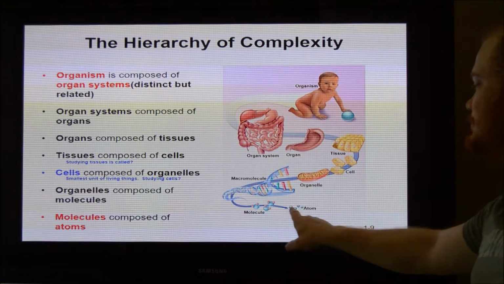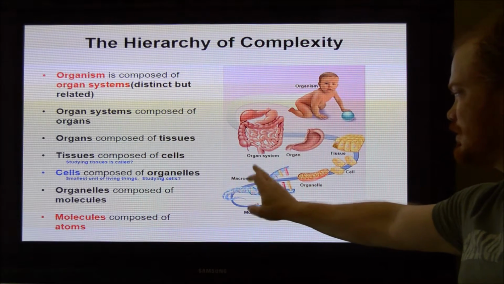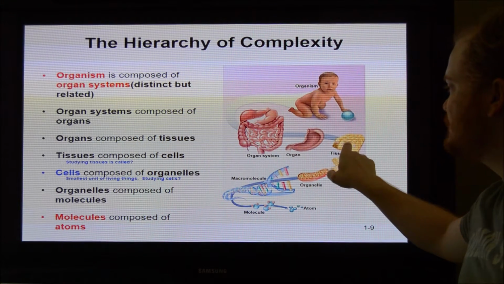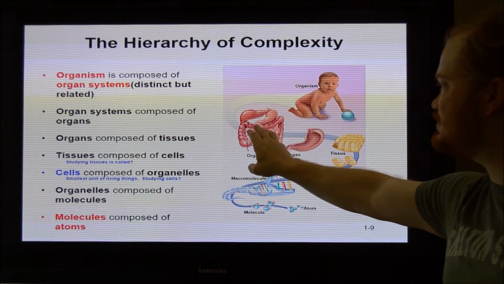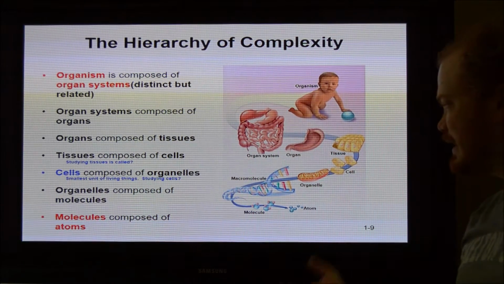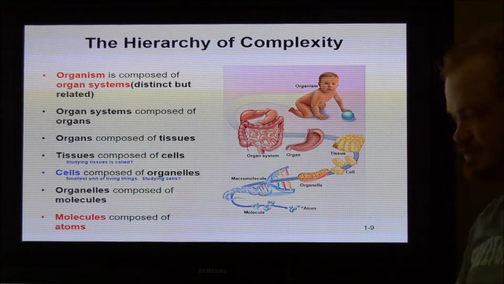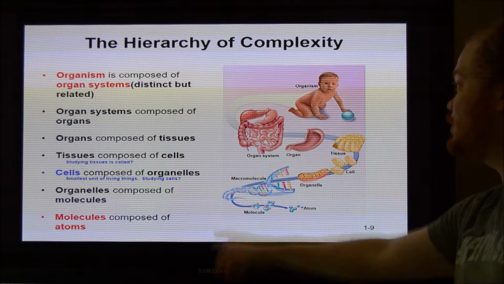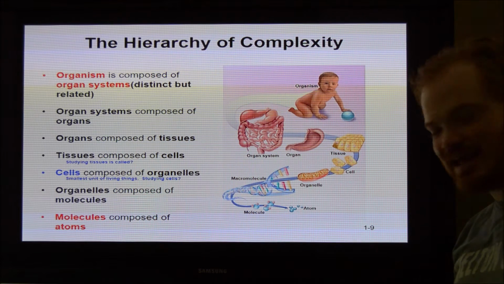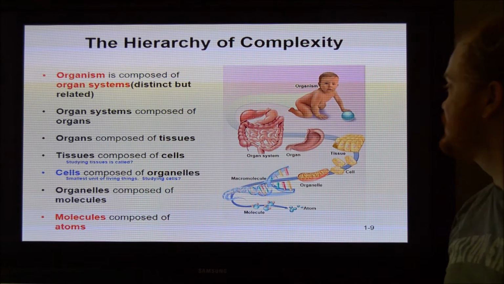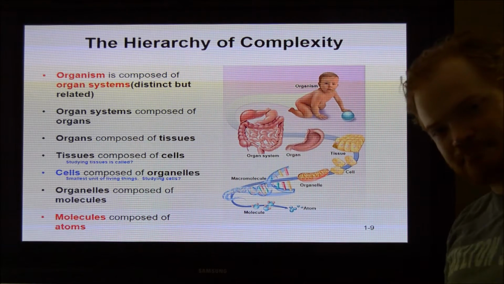So we have atoms to molecules, molecules to macromolecules, macromolecules to organelles, organelles to cells, cells to tissues, tissues to organs, organs to organ systems to an organism. Okay? Now, because of this, you have to grasp that the place that we're going to start, if we, at the end of Anatomy 1, at the end of Anatomy 2, want to have a good grasp of this organism and how it works, the place we have to start is at the bottom. Okay?